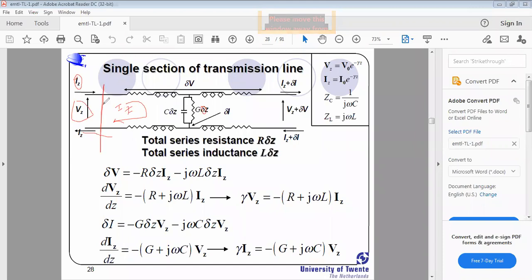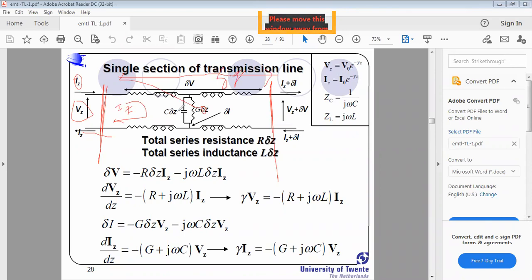This is the source end, remember this point, and suppose this is the destination end. The distance between the source and destination is some differential length, delta Z, and that may be the direction or this length.